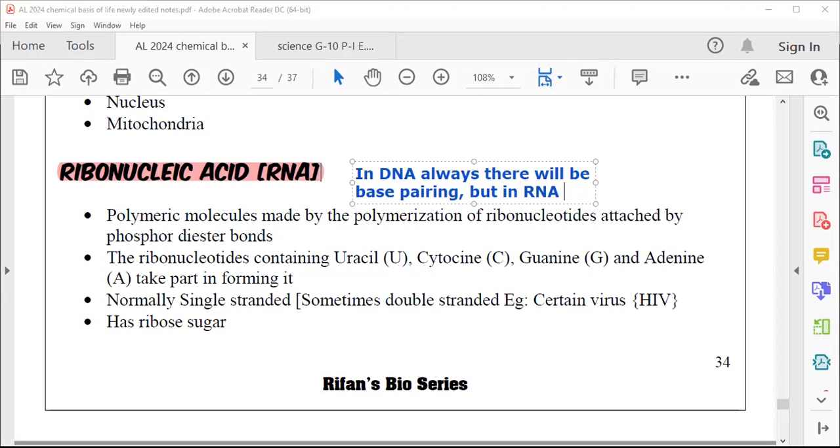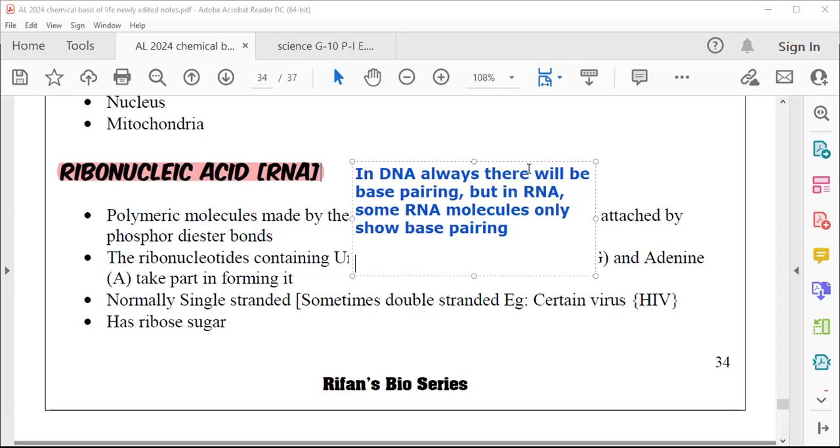But in RNA, some RNA molecules only show base pairing. So do you notice base pairing in RNA always? Tell me. No. Right?